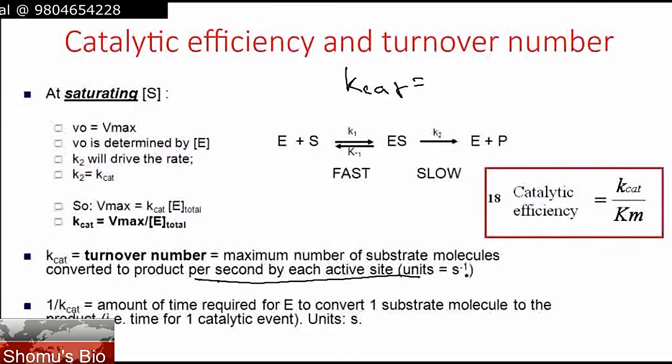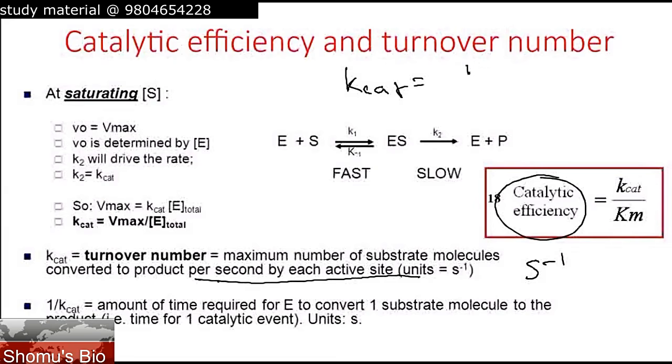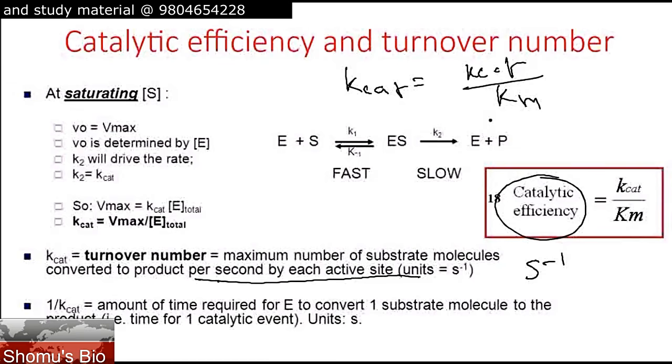The unit is inverse seconds. And catalytic efficiency is known as kcat divided by Km, the affinity of the substrate towards the enzyme.